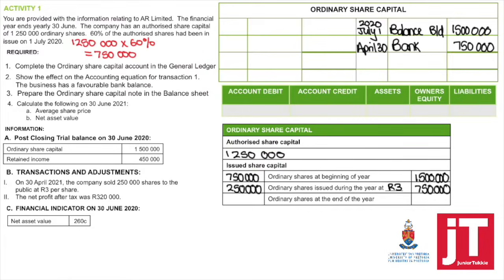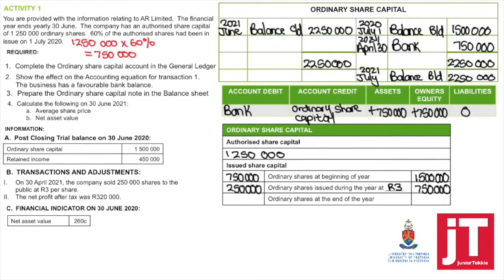In my general ledger account, I'm going to show exactly the same. April the 30th, bank, 750,000. Effect on the accounting equation: account debit, bank, account credit, ordinary share capital, assets plus owner's equity plus 750,000.